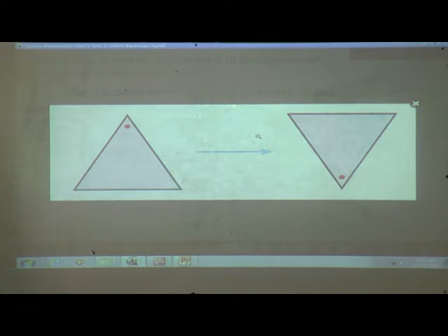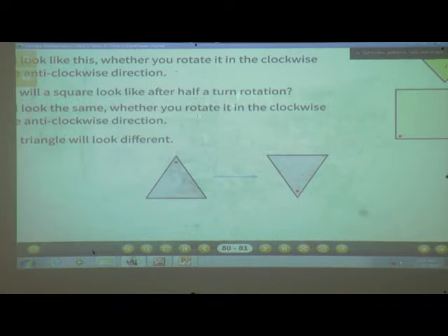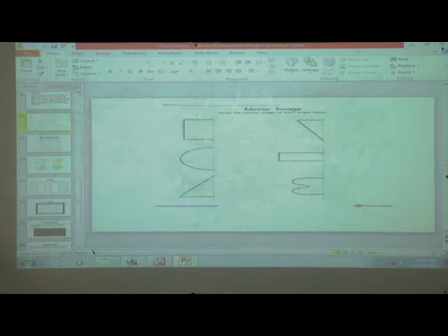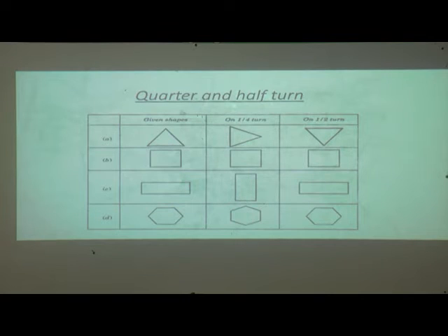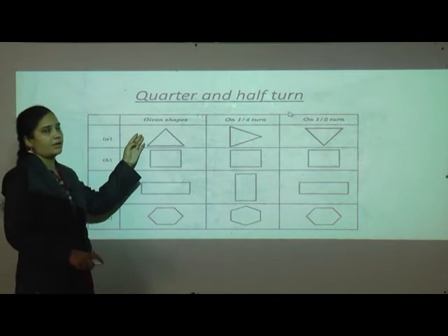Now 6.2, page number 82. Here, before that, we'll see some examples of quarter turn and half turn. See students, here is a triangle.